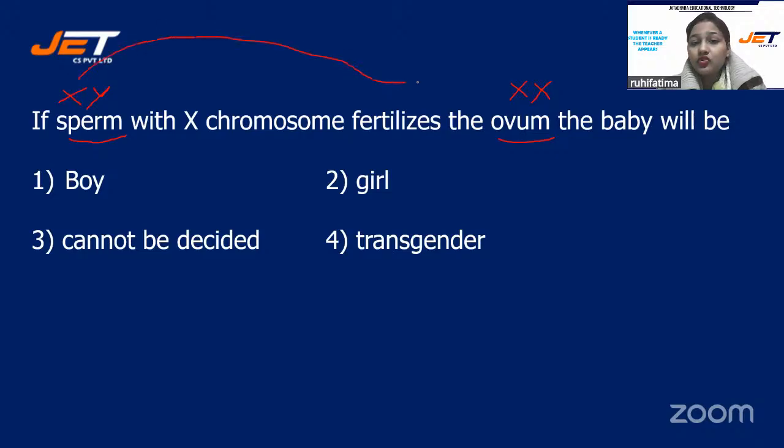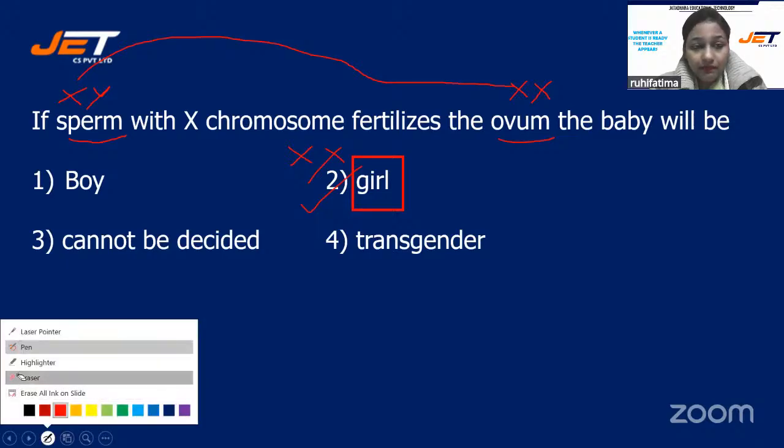So what will be the formation? The zygote will be XX, right? XX means what? Girl. So the correct answer for this question is option number two, girl. Those who have selected option two, you all are correct, students. This is how you have to solve the question. I have told you the way.